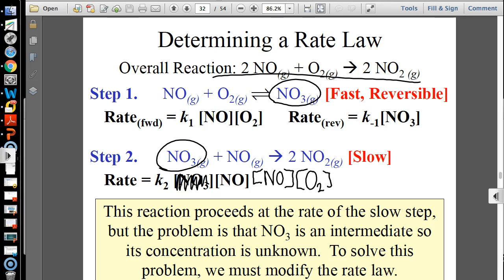So my rate law for this would just be rate is equal to K, and then NO squared, and then O2. I ran out of room. That's all you gotta do. You just find where it came from and write it down. I don't know, but this worked. Listen, look at me. This worked.